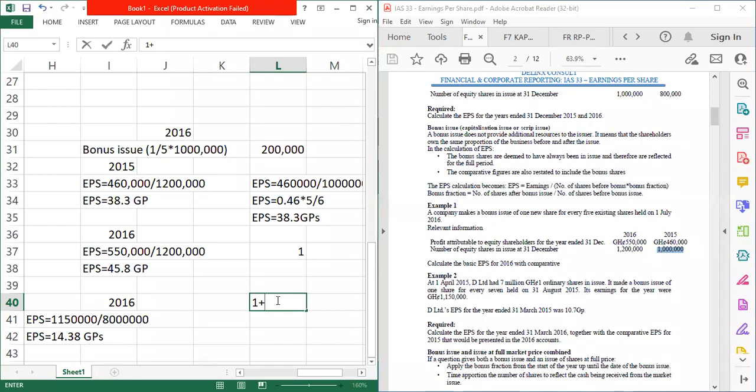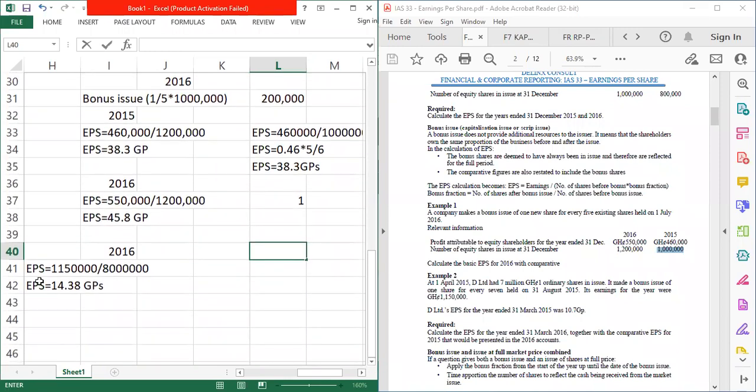So 1 plus 1/7, what are you getting on your calculator? It's supposed to give you 8/7. Is it giving you 8/7? Yes. So 8/7 multiplied by the shares that we have in issue before the bonus issue. How much are you getting? It's supposed to give you 8 million, isn't it?